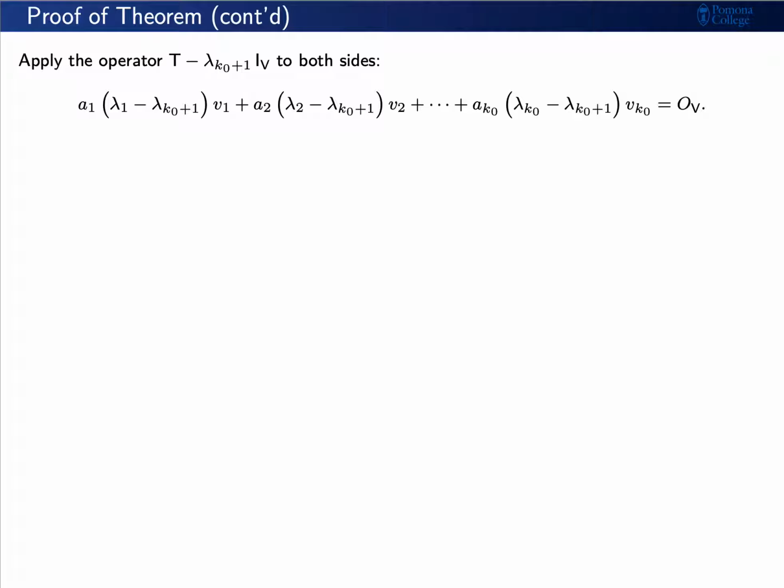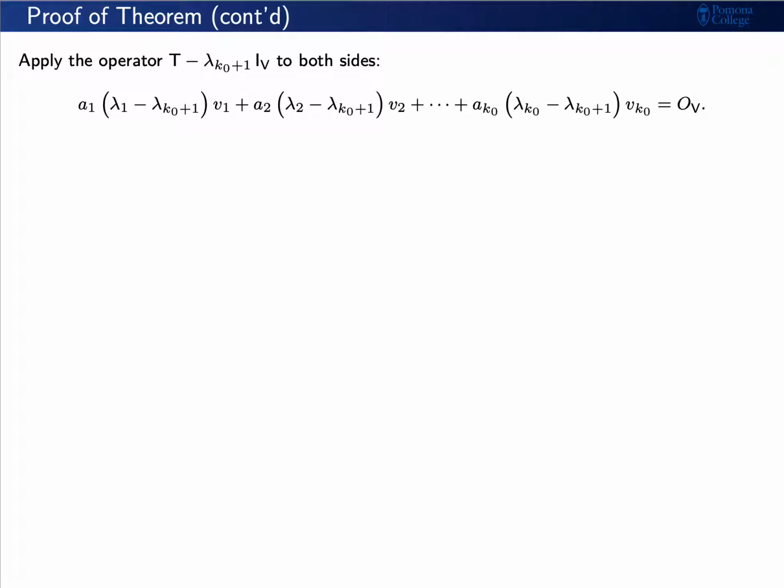Of course, when we apply T to each vector v sub j, we just get lambda j times v sub j. When we apply I sub V to each vector v sub j, we just get v sub j. So when we apply this difference, T minus lambda k0 plus 1 times I sub V, we really get the same sum as before, but we multiply each v sub j by the factor lambda sub j minus lambda k0 plus 1.